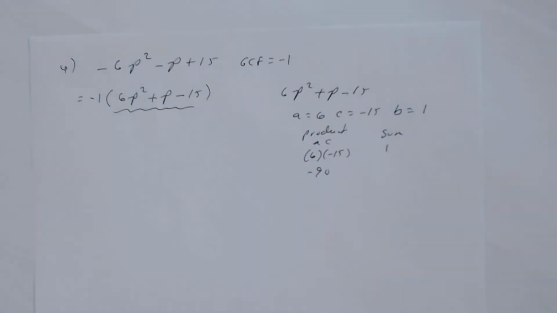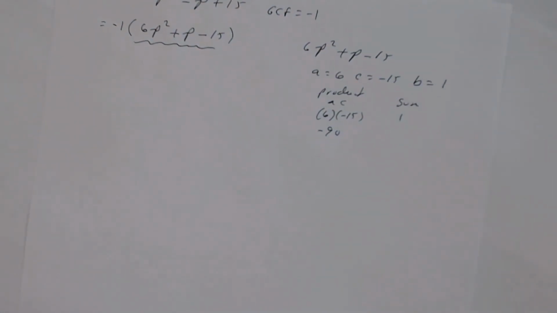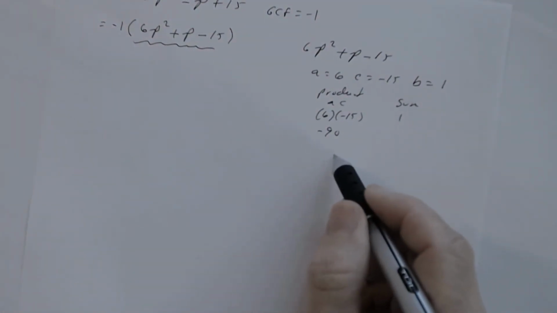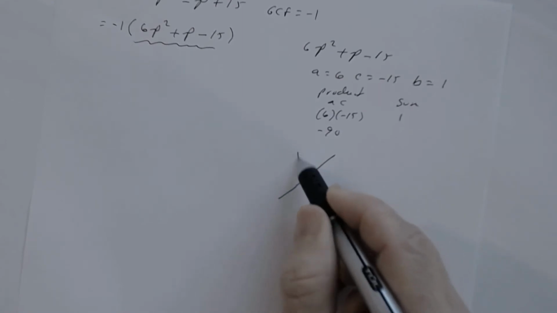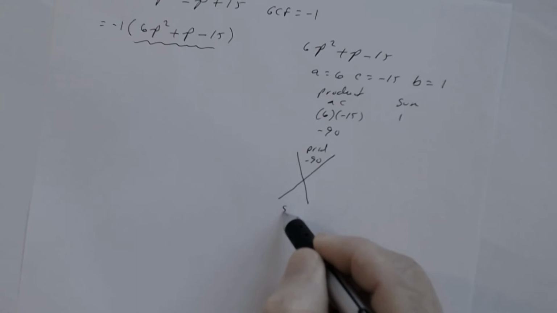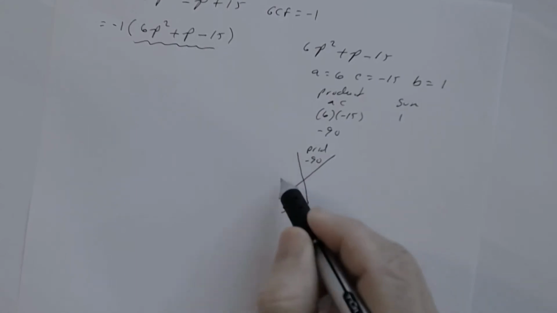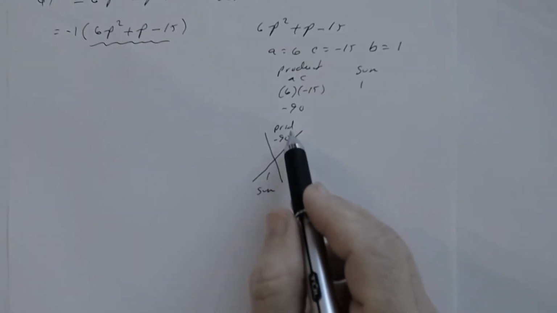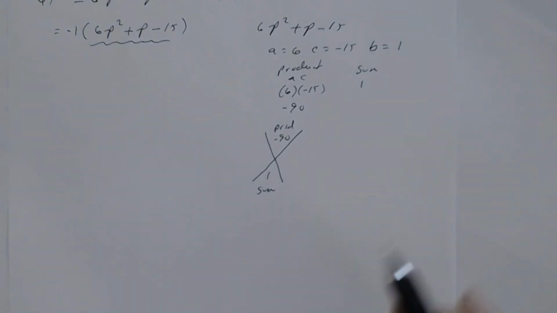All right, so you may want to use a factor tree on this. We'll go ahead and use one. So let me remind you what we're going to do. We're going to find two numbers whose product is negative 90 and whose sum is 1.